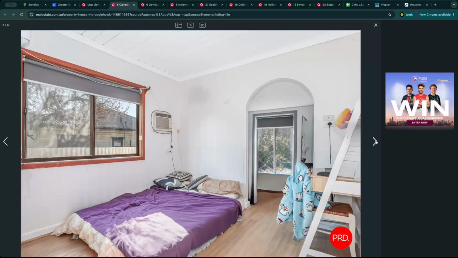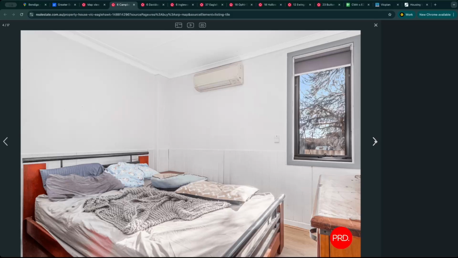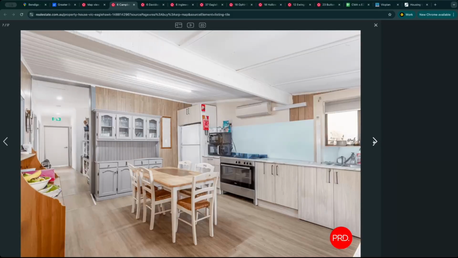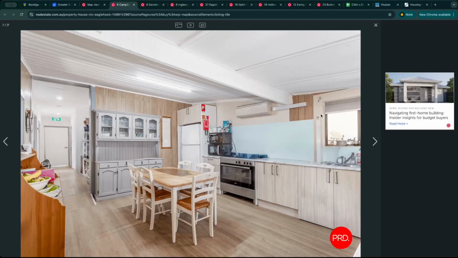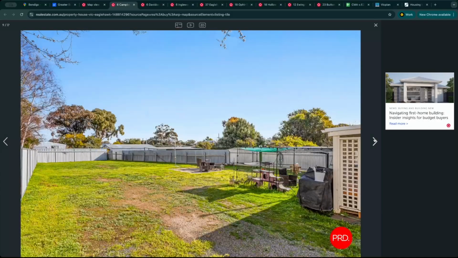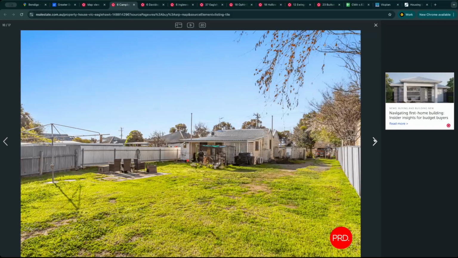You can just sort of gauge the general condition of the property as well. It is quite dated. There is probably some maintenance required on the property from a structural perspective. So already this is looking like a bit more work than it's actually worth.